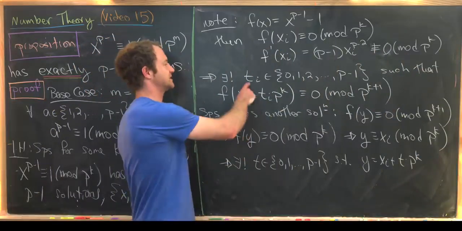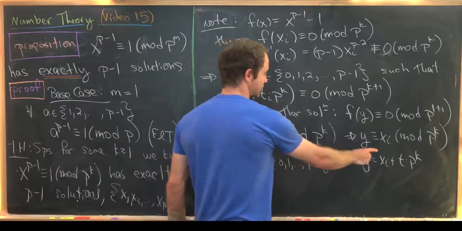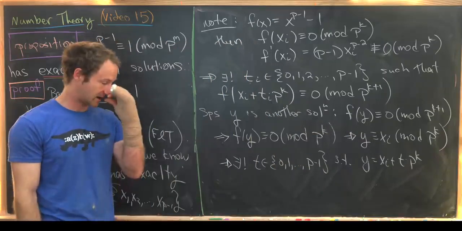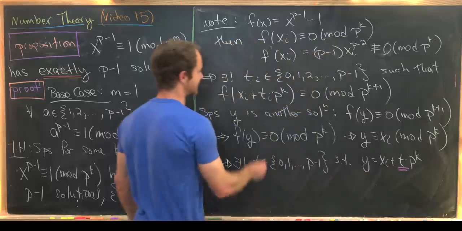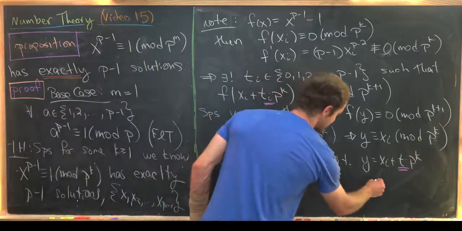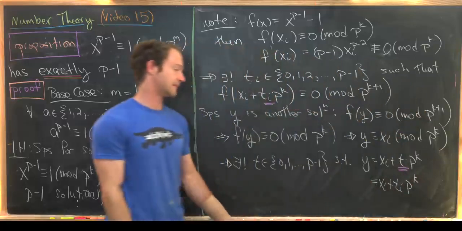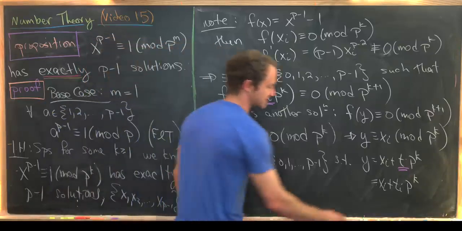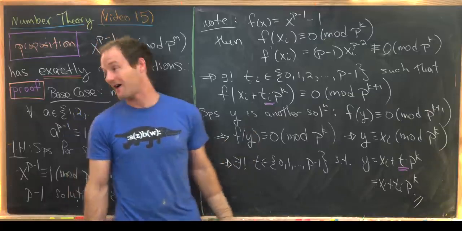We used Hensel's lemma to create a ti for the xi, and then we used it again to create a t for this y, which happened to be congruent to xi. But then we know that those t's are unique. So this t is the same thing as this ti, which tells us this is equal to xi plus ti times p to the k. In other words, our new solution was actually one of our old solutions. And so that means we have all of the solutions for our induction step, and that finishes the proof of this proposition.